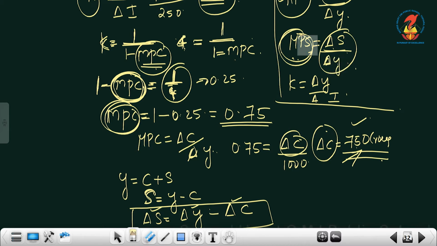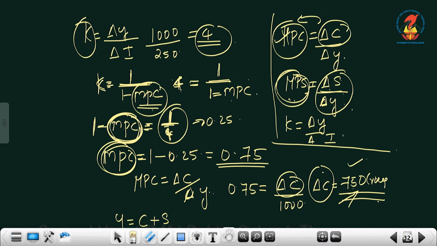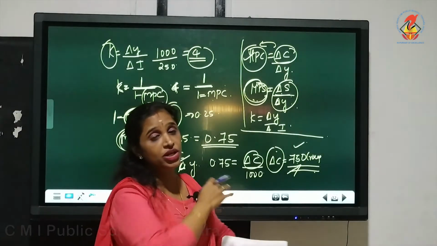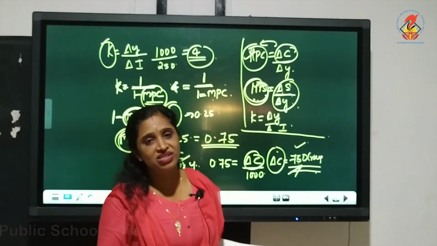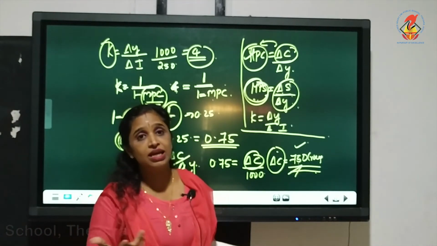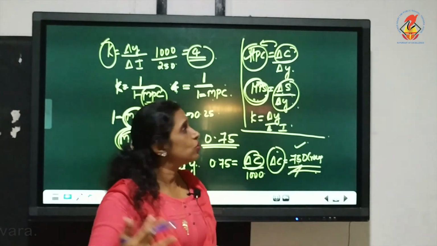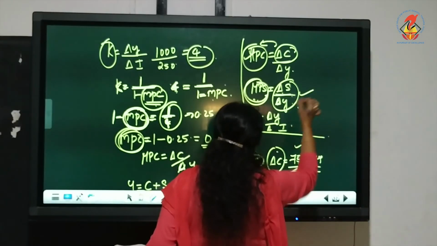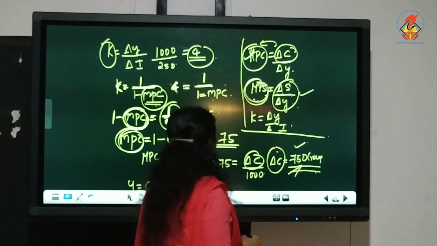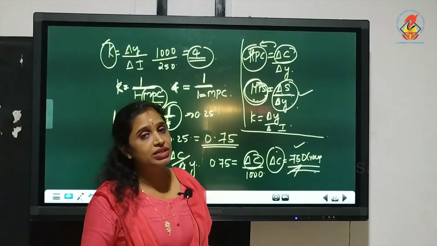MPS you have, which you found from MPC. Now find out the value of delta S just as we found delta C from this formula. But there is no need of doing that particular formula. You can directly find out the answer by using the formula delta S is equal to delta Y minus delta C. So you can either do it in this form or by using the formula delta Y minus delta C.